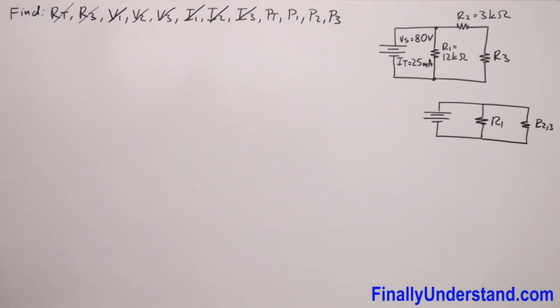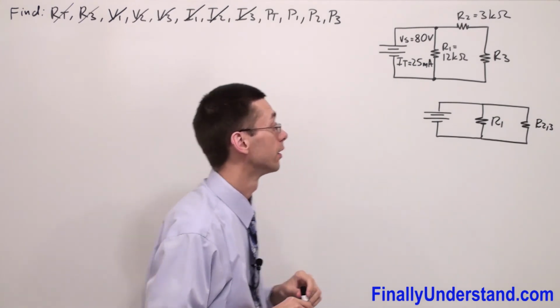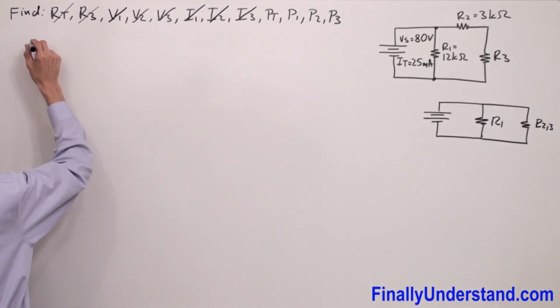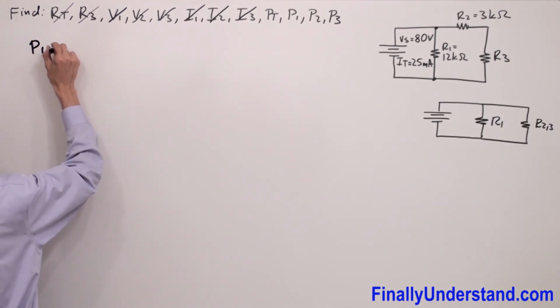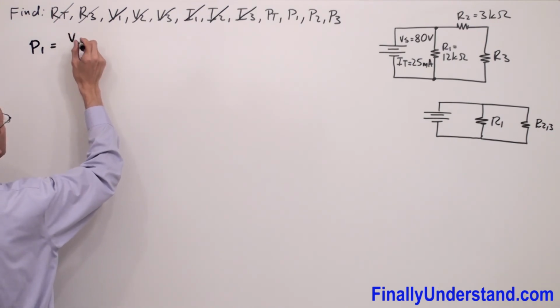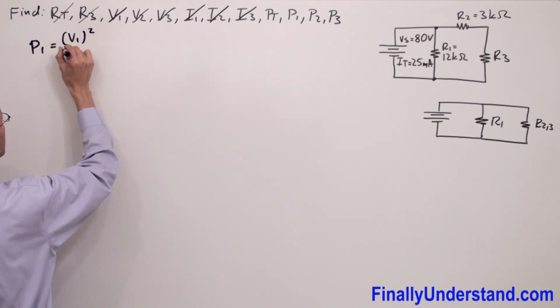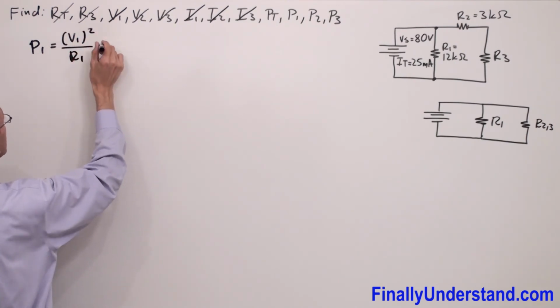Next, we are going to find the power at resistor R1. Okay, so P1 is equal to the voltage across resistor R1 raised to the second power over R1. I'm going to use this formula.